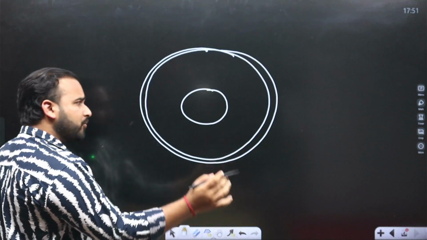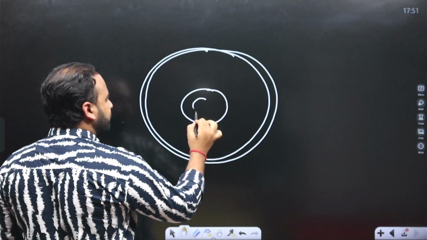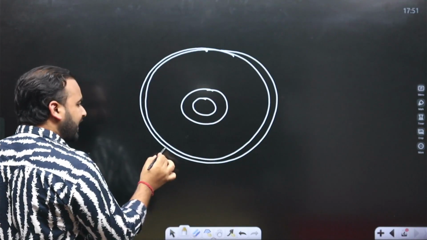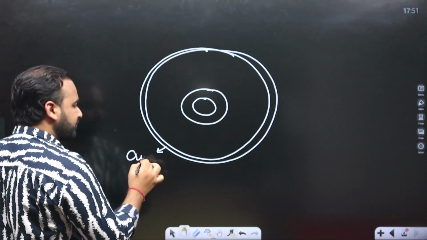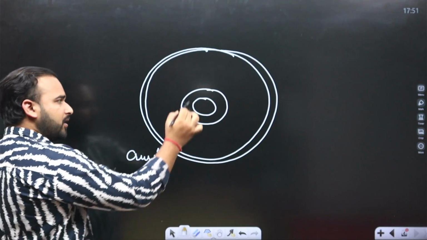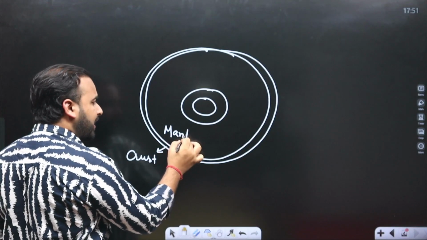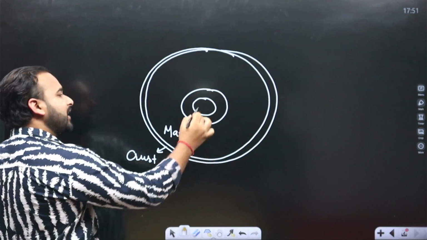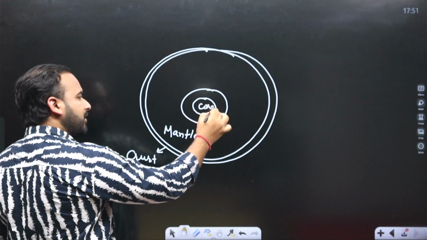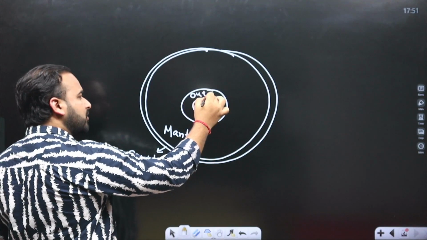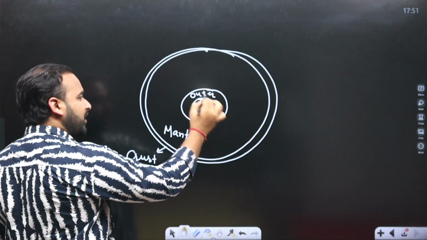The outermost part is known as the crust, the central or intermediate part as the mantle, and this is the core part. This is the outer core and this one is the inner core.